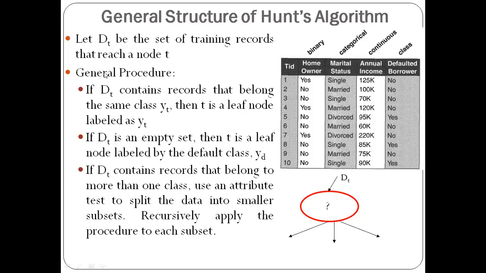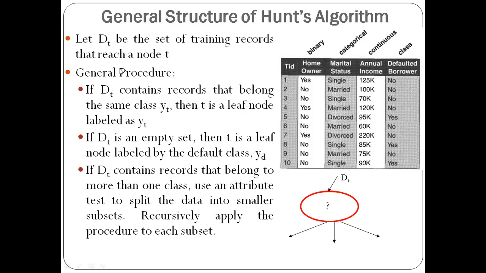Suppose Dt is an empty set, so no records are present in it. Then again we create a leaf node, but we assign it a default class label, that is yd.